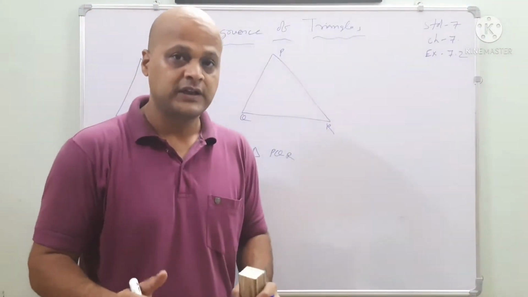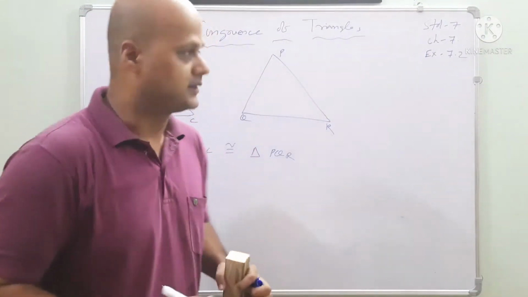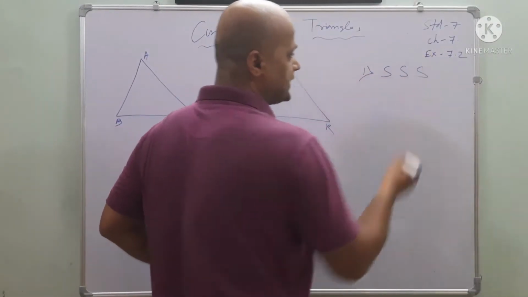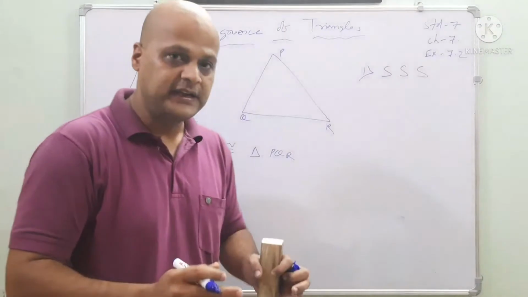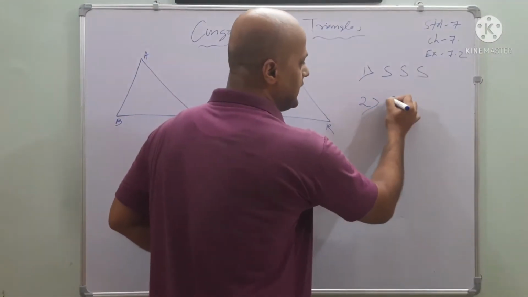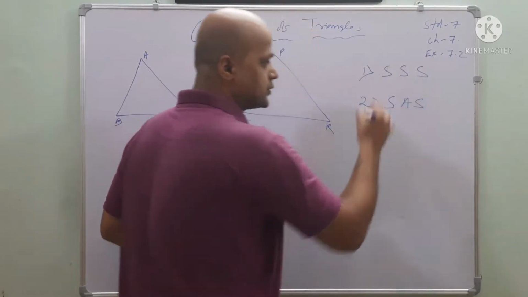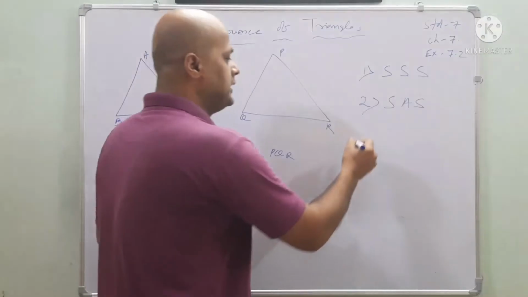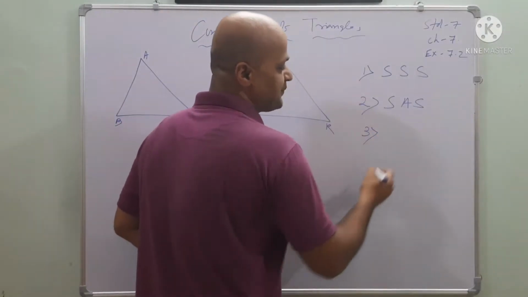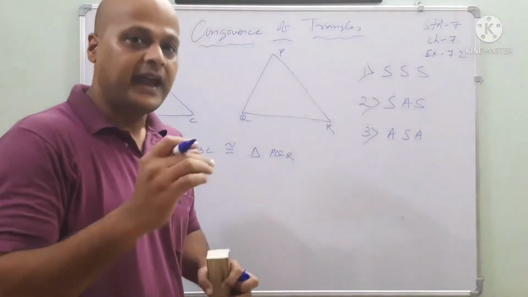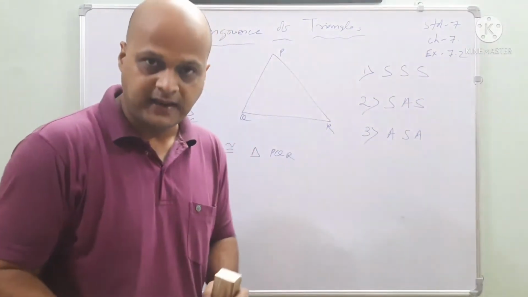What are the rules? Let's discuss one by one. The first rule is the SSS rule, that is side side side rule. The second one is the SAS rule, side angle side rule. The third one is the ASA rule, that is angle side angle rule.